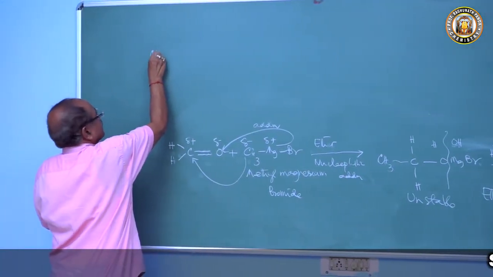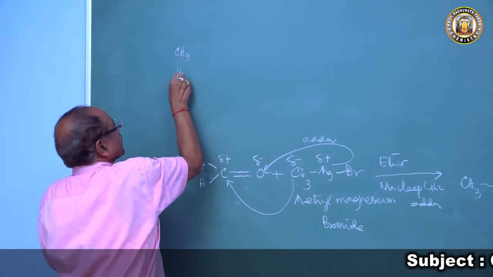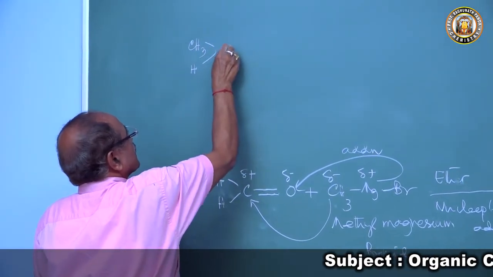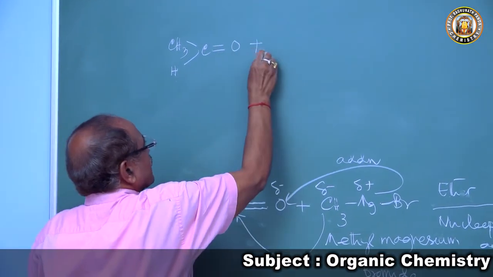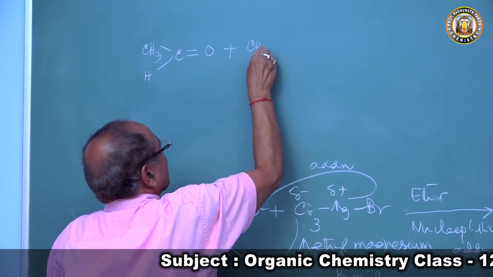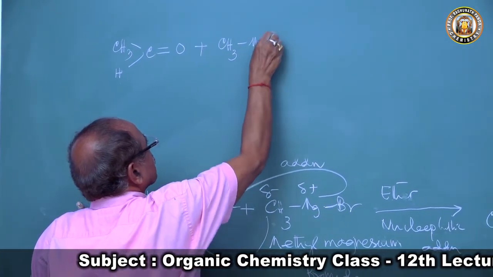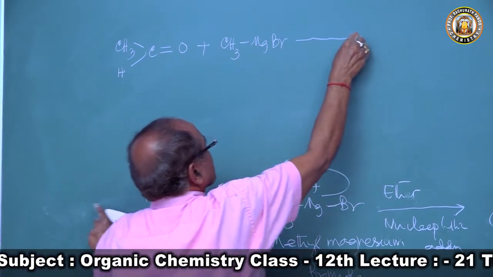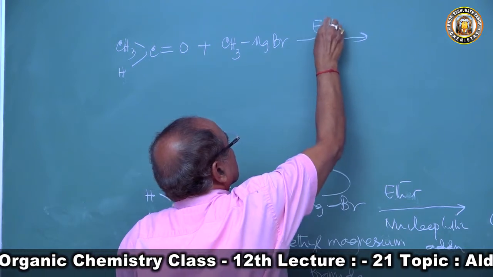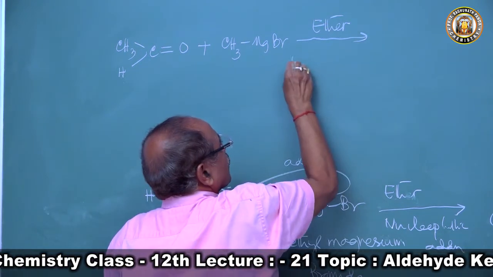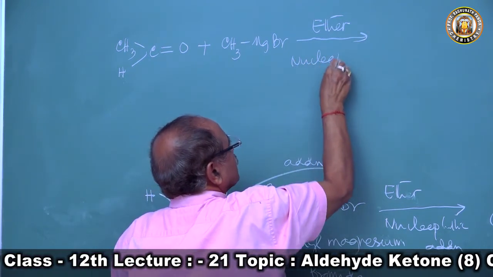Let's take CH3CHO, acetaldehyde, treating this with methyl magnesium bromide in presence of ether, and it undergoes nucleophilic addition reaction.